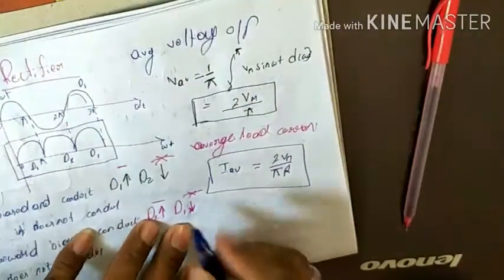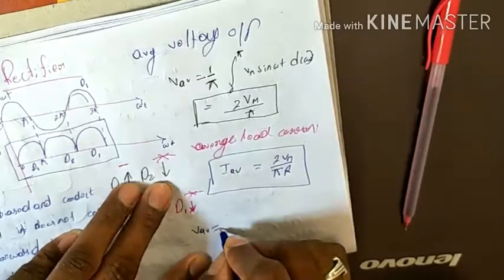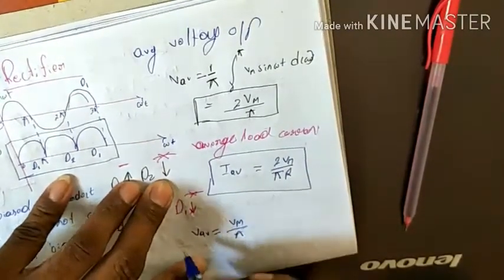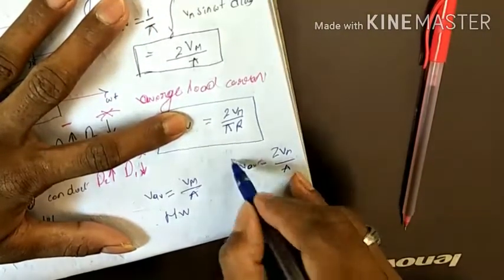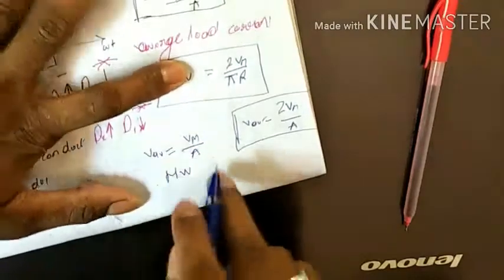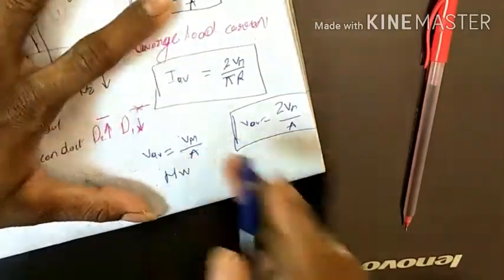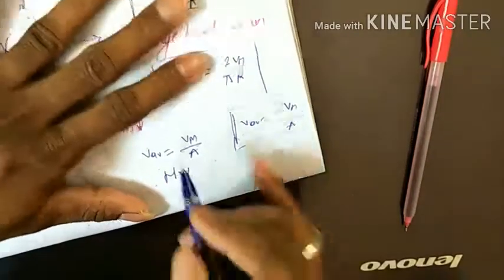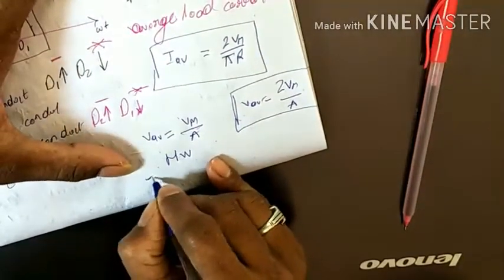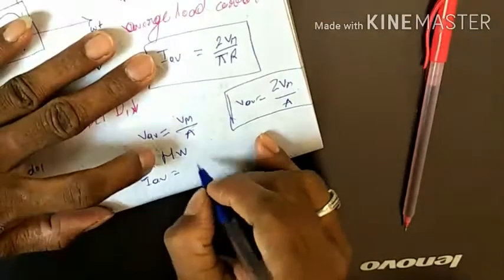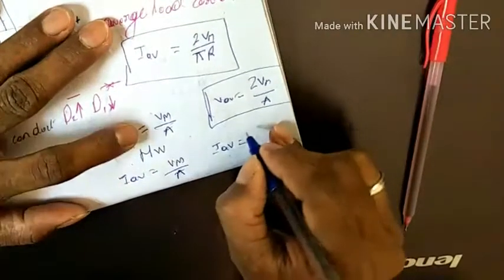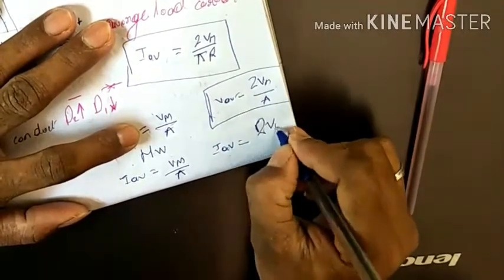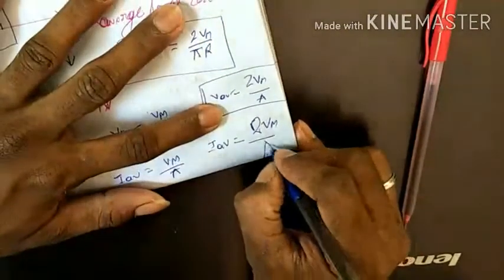In the half wave rectifier, we get Vm by π, and in the full wave rectifier the average is 2 Vm by π. The average current for the half wave rectifier is Vm by πR, and for the full wave rectifier the load current is 2 Vm by πR.